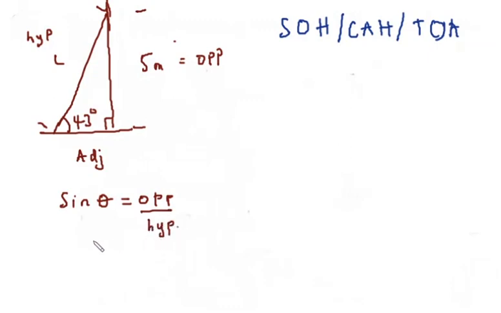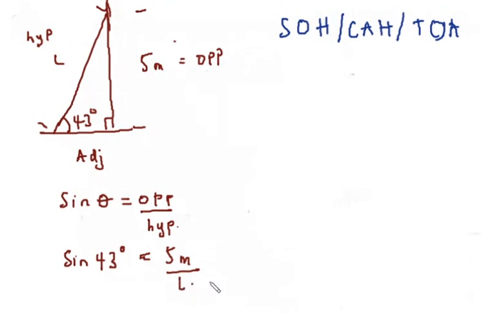Our theta is 43 degrees from the question, so sine 43 degrees equals opposite, which is 5 meters, divided by the hypotenuse, which is what we're looking for.